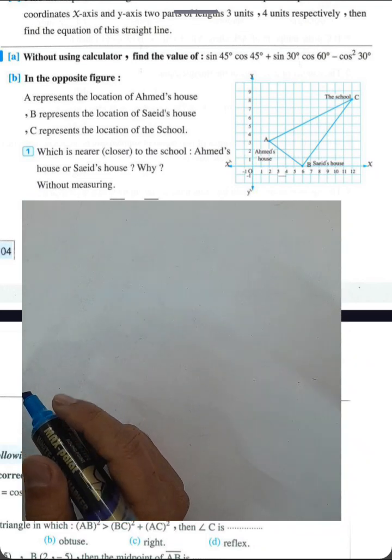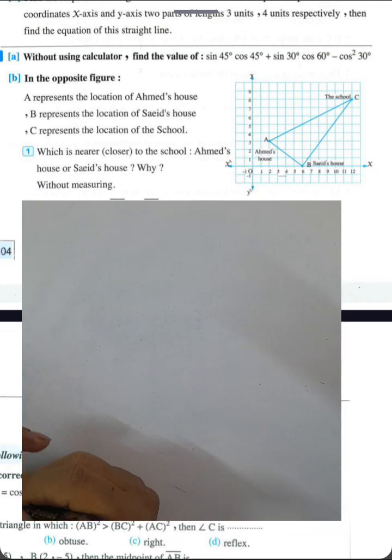Next example. Letter B, in the opposite figure A represents the location of Ahmed's house, B represents the location of Said's house, and C represents the location of the school. Which is nearer to the school, Ahmed's house or Said's house?